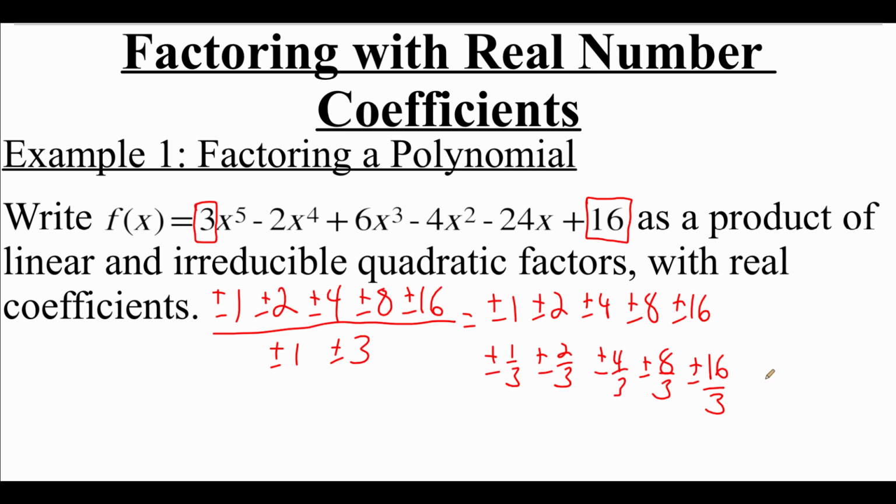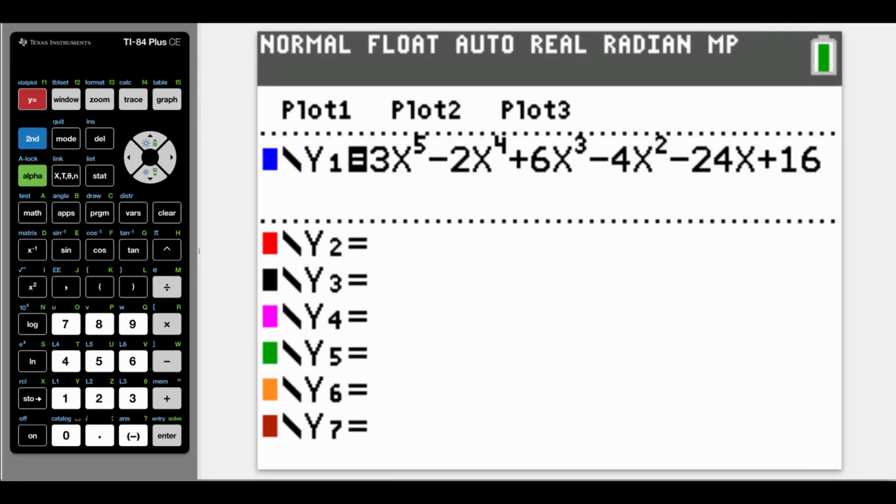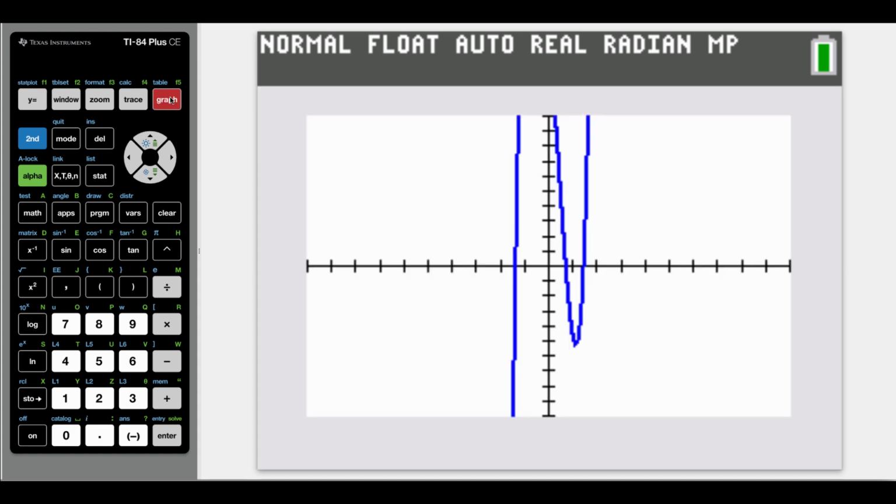So to help me narrow this down, I'm actually going to pick an approximate zero off of the graph of my function and then use synthetic division to prove that it is a zero of my function. And doing that synthetic division is also going to help me start breaking this polynomial down. So I've got my function typed into my calculator. I'm going to hit graph to help me find some of the zeros.